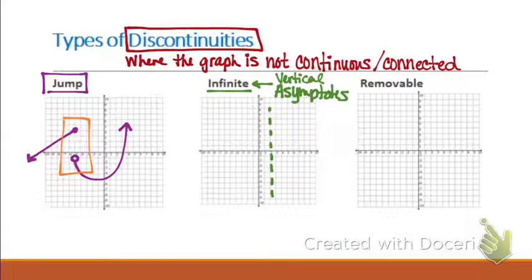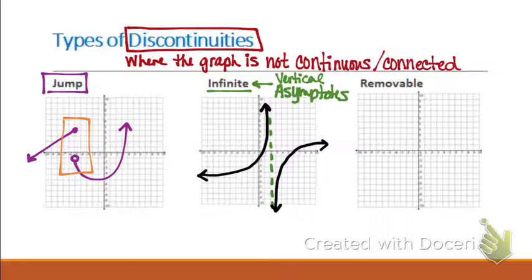We'll just see the function behavior. I'm drawing one in as a guideline for myself here. So an infinite discontinuity, as we approach this asymptote, it's either going to go up forever or it's going to go down forever. On the other side, we're going to see the same thing happen. As we approach that asymptote, it's either going to go up forever or down forever. They do not have to be going in opposite directions.